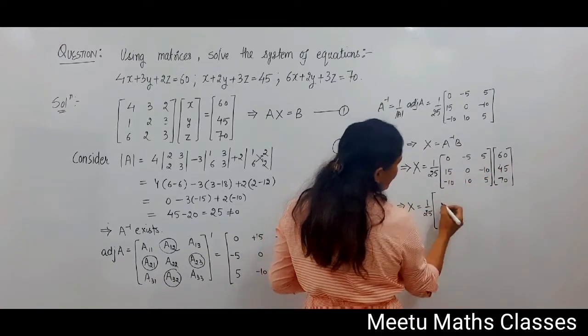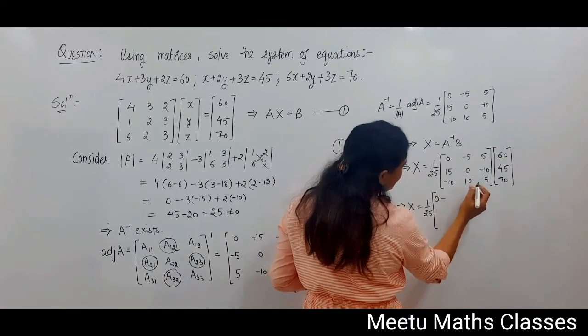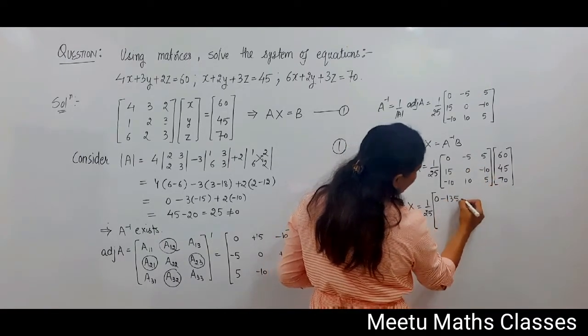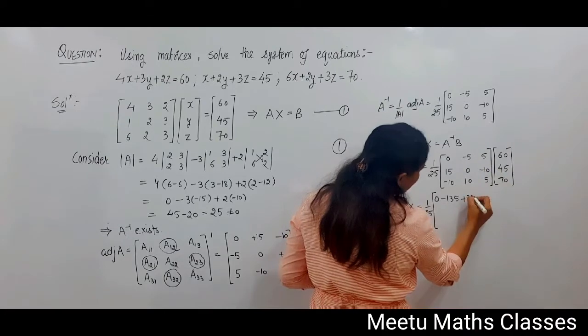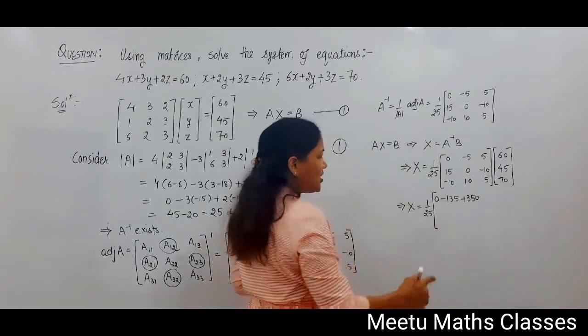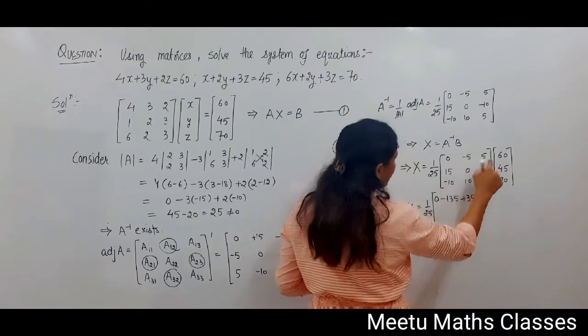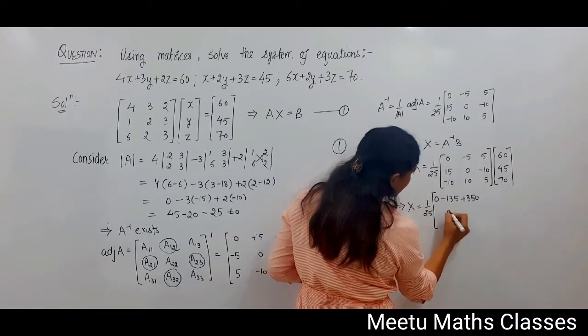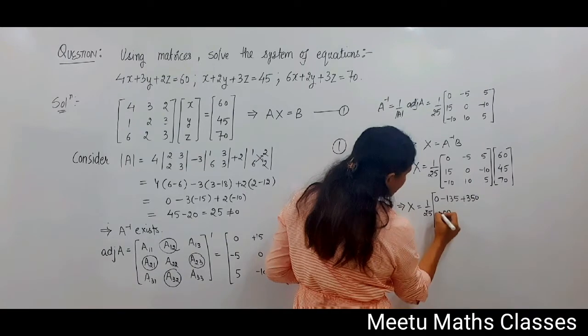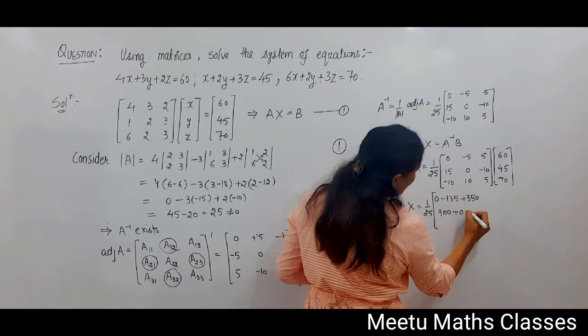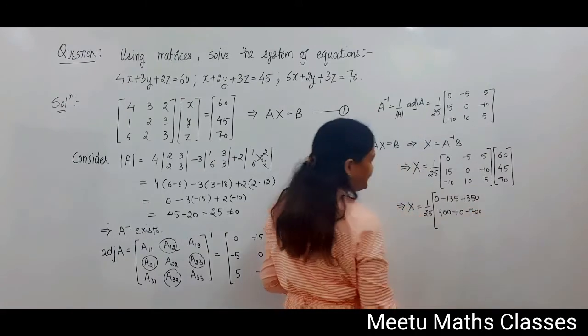0 minus 135 plus 350. Then the second row: 15 into 60, 900, plus 0, minus 700.